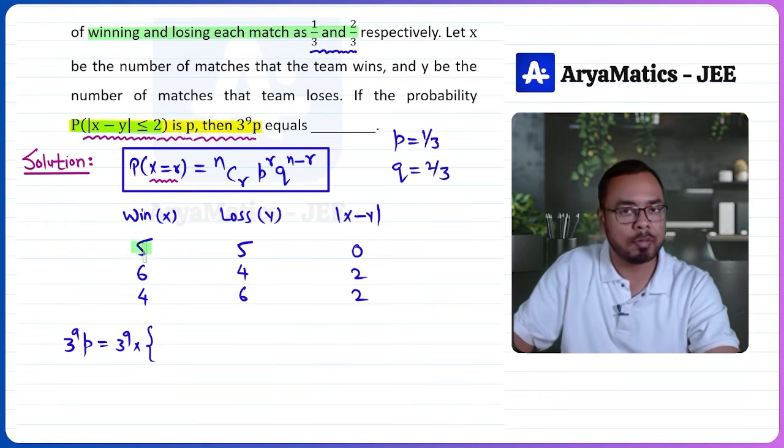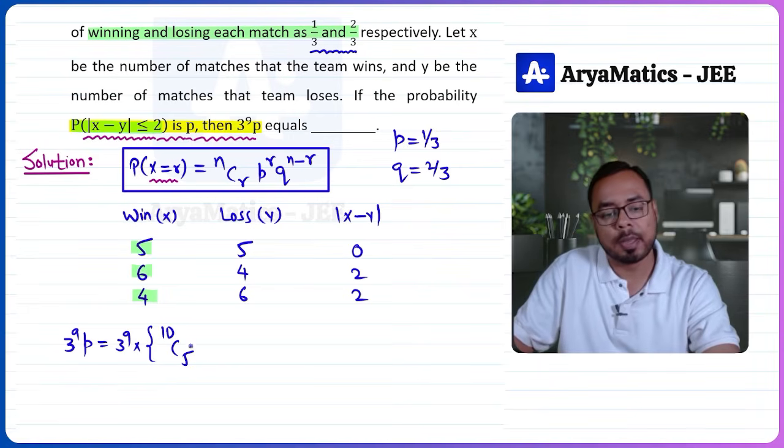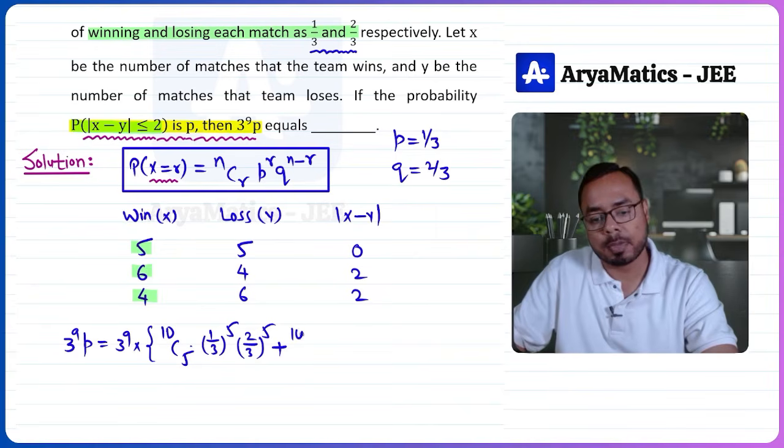Now we'll find the probability of 5 wins, 6 wins, or 4 wins. The probability that you will win 5 matches will be 10C5, and then p raised to 5, p is 1 by 3, so 1 by 3 raised to 5, q raised to 5. This will be the probability that you will win any 5 matches and lose the remaining 5 matches. The probability of winning 6 matches will be 10C6, 1 by 3 raised to 6, right?